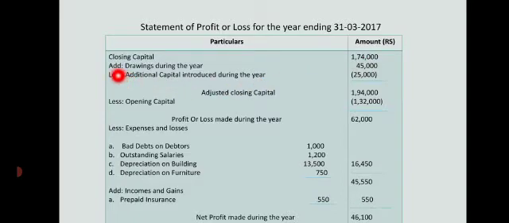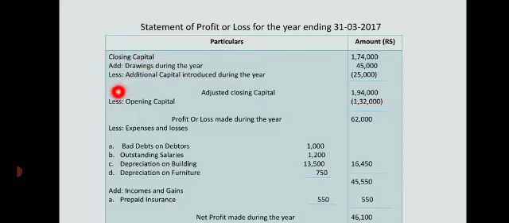In the problem, the proprietor has withdrawn rupees 45,000 for his personal use. That becomes his drawings during the year, that is 45,000. Closing capital, add drawings during the year. He has also introduced further capital of rupees 25,000.